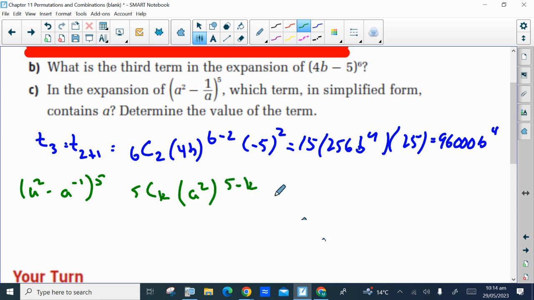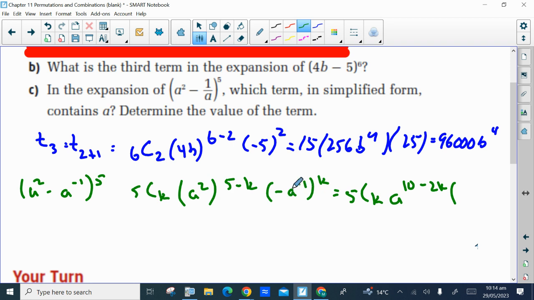And the second term, which is negative a to the negative 1, is raised to the power k. We can do some simplifying here. For example, a squared to the power 5 minus k, we multiply those exponents out and get 10 minus 2k.